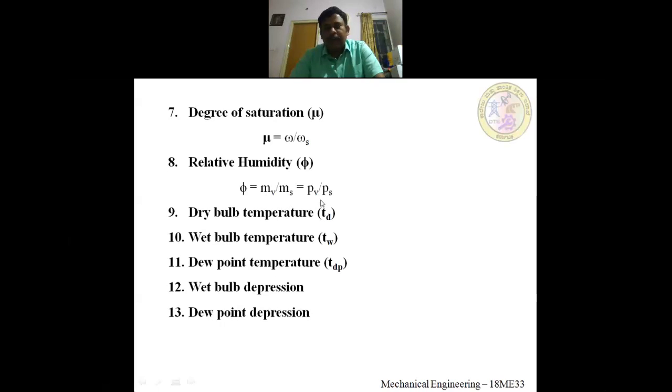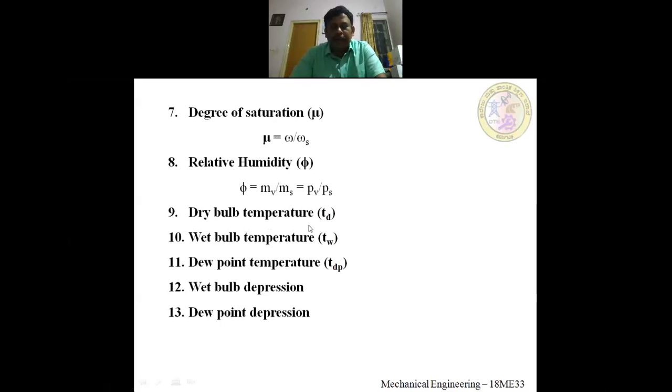Also, relative humidity is defined as the partial pressure of water vapor in the unsaturated air to the partial pressure of water vapor in saturated air. Saturated means what? It contains the maximum amount of moisture it can hold at a given temperature.